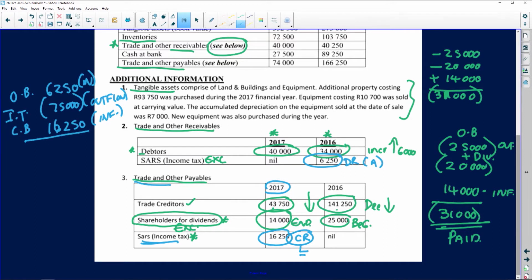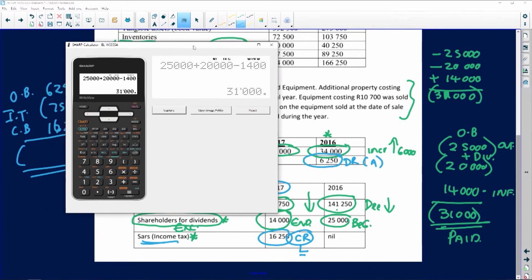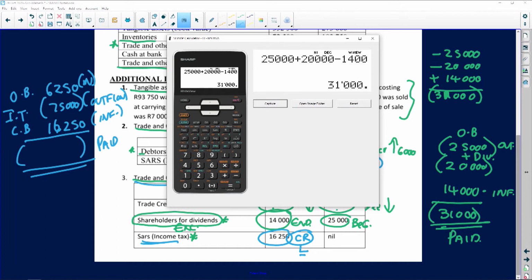Okay, right, so remember, we are trying to establish in total how much did we end up paying the receiver of revenue. What was the total outflow of cash? So as you can see, you've got a negative value and then you've got two positive values. Okay, so on my calculator, I'm going to just swap them around, so I don't have to put negative signs, but you can do that, it doesn't really matter.